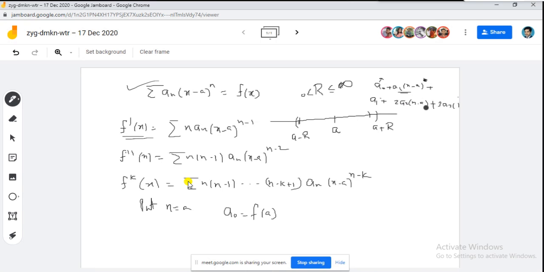If you put x is equal to a here, all terms except the first will be 0. Therefore a1 will be f dash a.